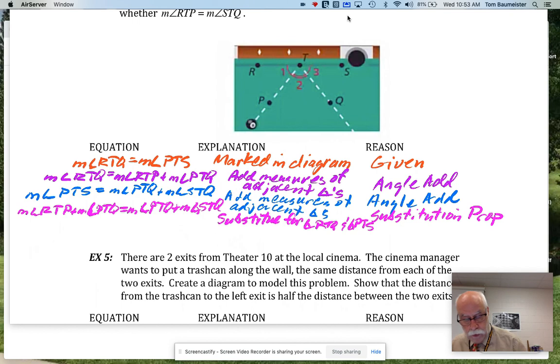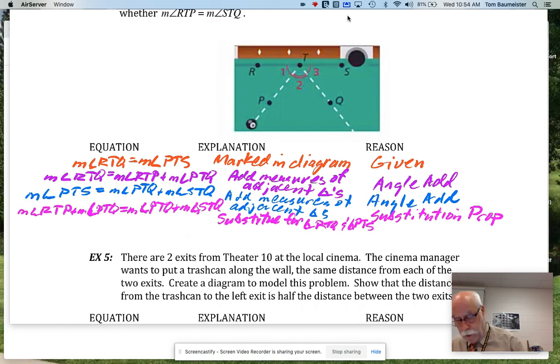Okay, now look at both of these. Do we have PTQ on both of them? I have it here and I have it here. So if we subtract it using the subtraction property, what are we left with? We're left with the measure of angle RTP and the measure of angle STQ. And notice we still have that equal sign in there. Did we finish with what they wanted us to show? Yes.